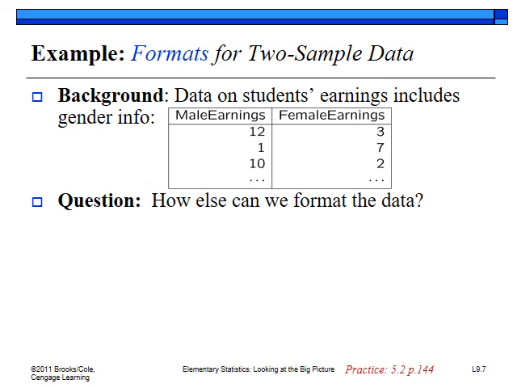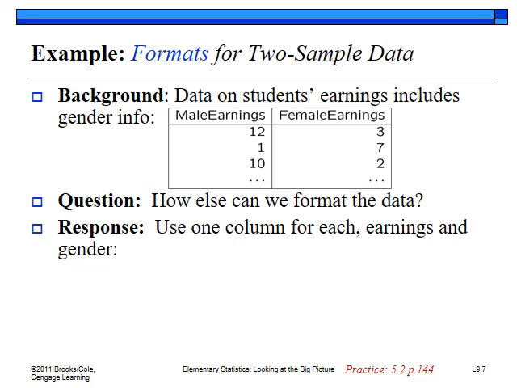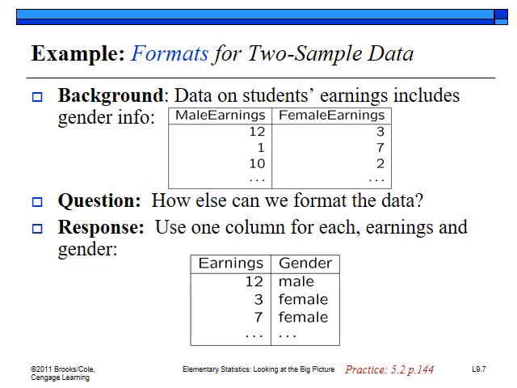Another way that we could do it is report each data point as an earnings value, and then beside that, report the gender. So what you see is each data point becoming a value in the left-hand column, and then the gender is reported on the side in the second column.